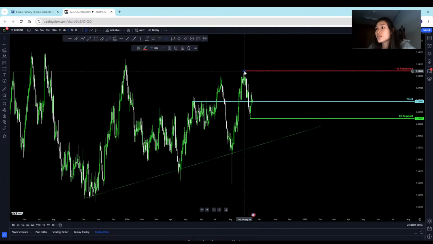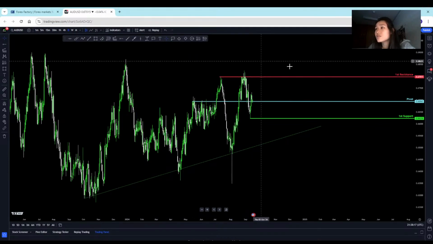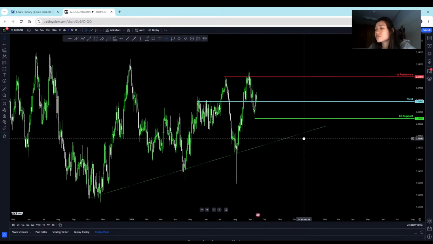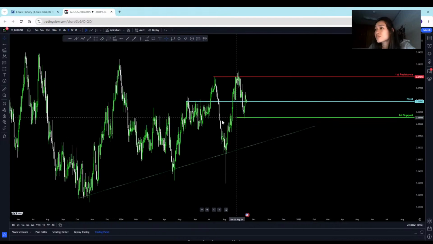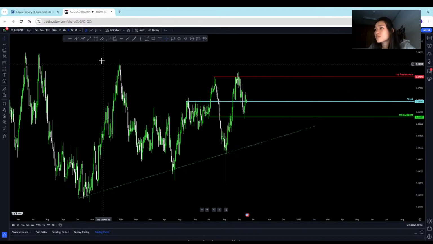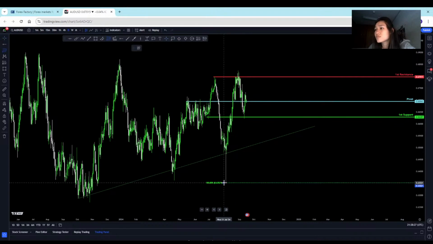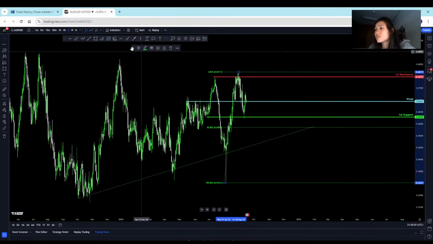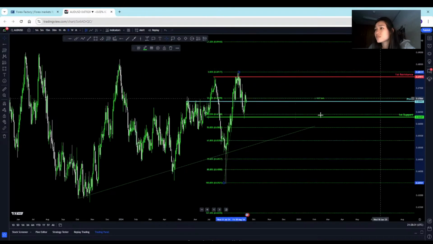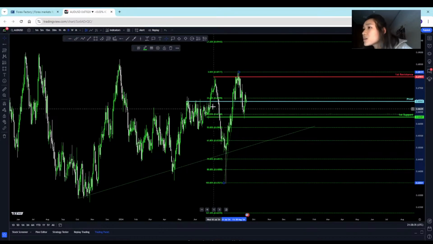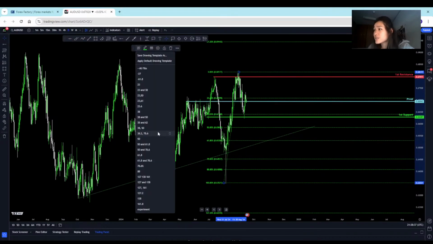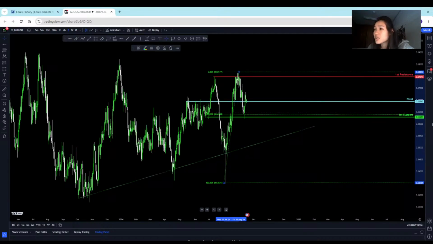Okay, this is my first resistance. Okay, so my 38.2 lines up nicely with my first support.